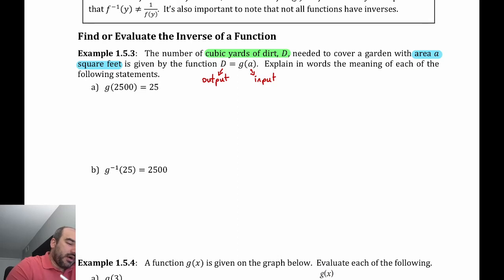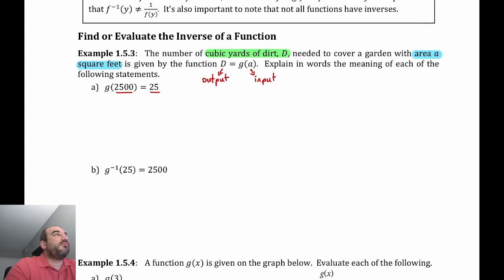Right, so here in this expression, G of 2500 equals 25, which one is the input and which one is the output? Is the 2500 the input or the 25 the input? 25 is the input. Why do you say that? Because, oh wait, no, I got mixed up. 25 is the output. How do you know that?